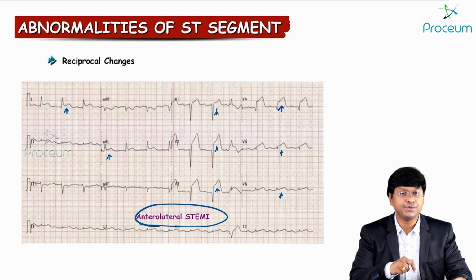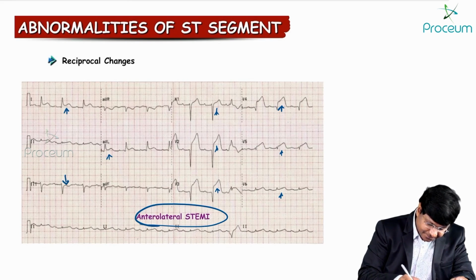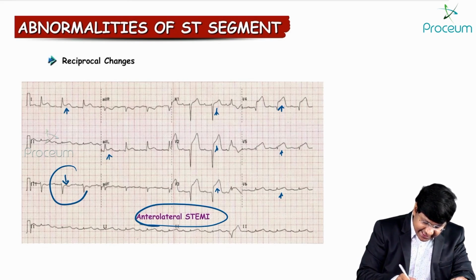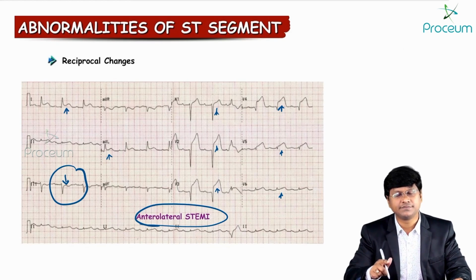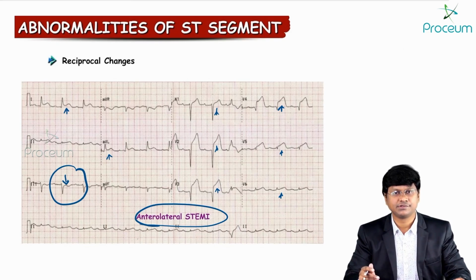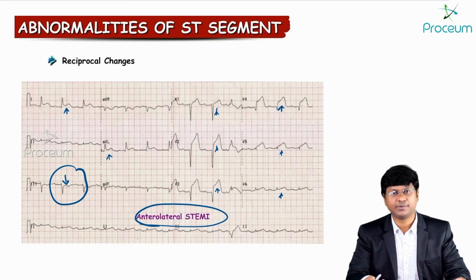Reciprocal changes, you take the inferior leads. What are you noticing in the inferior leads? There is presence of a minimal ST depression. So this ST depression in the reciprocal leads you will not observe in benign early repolarization.